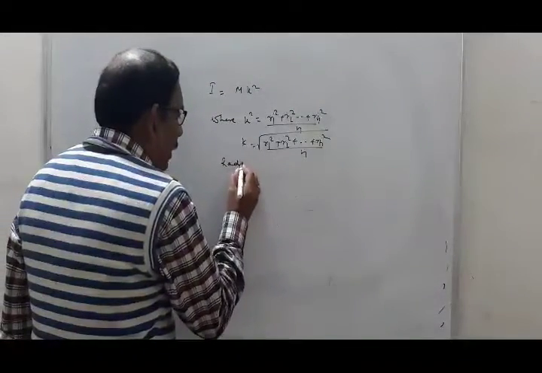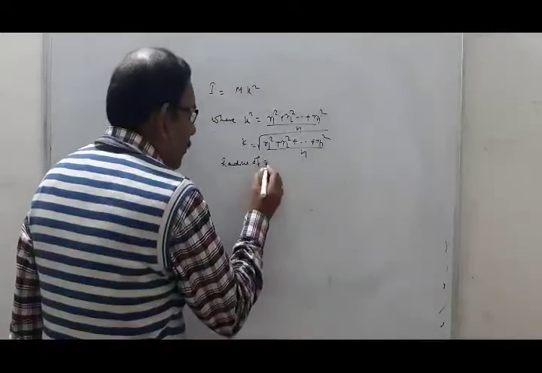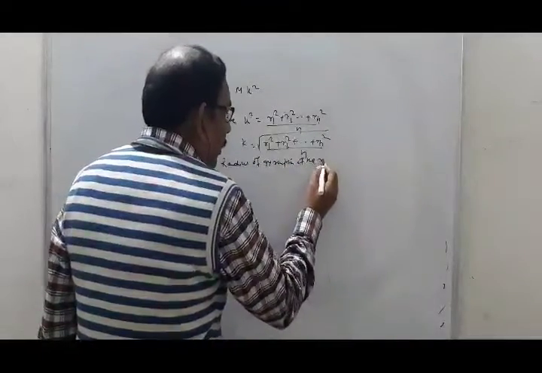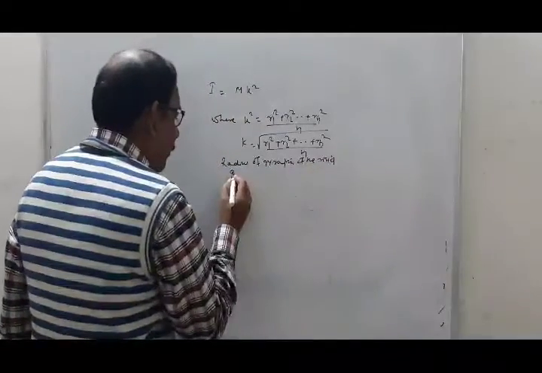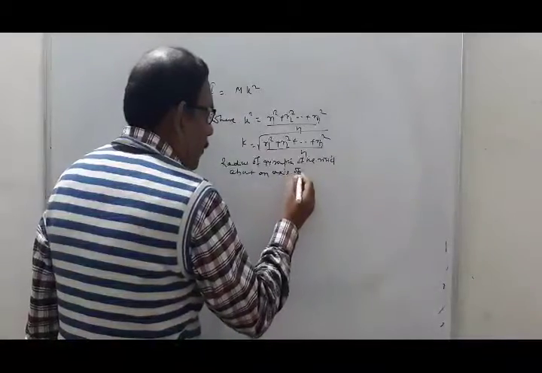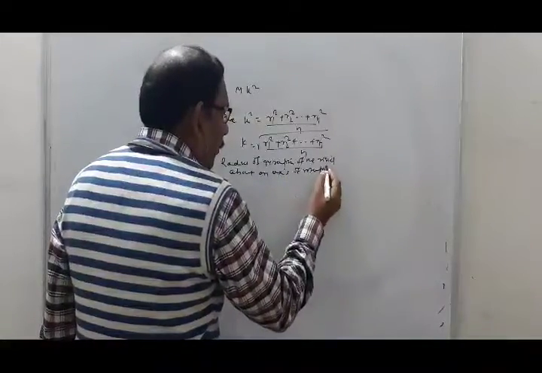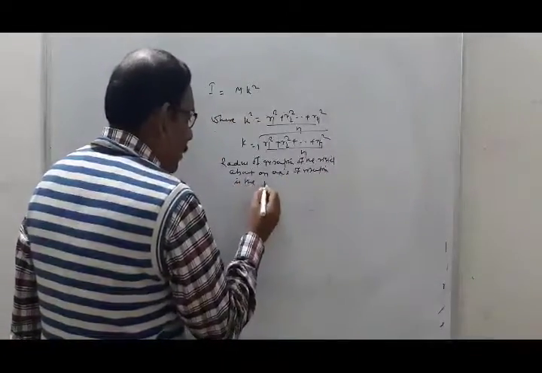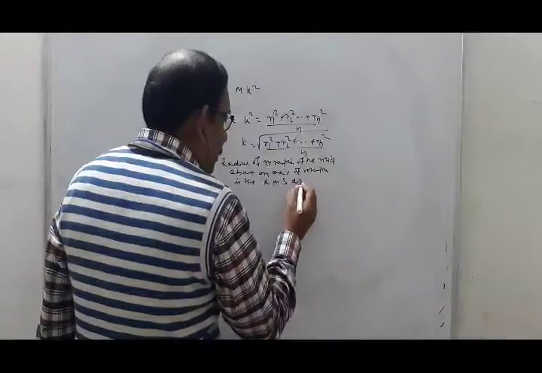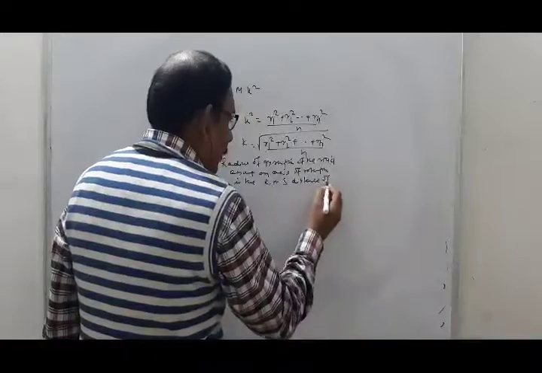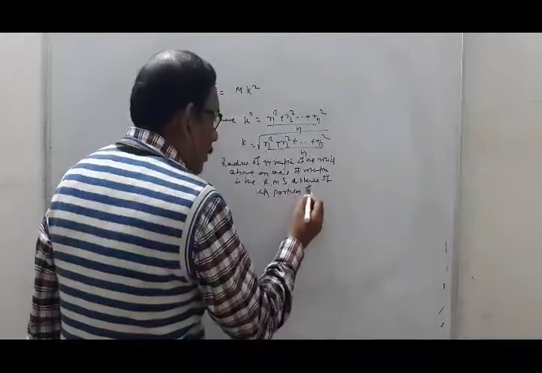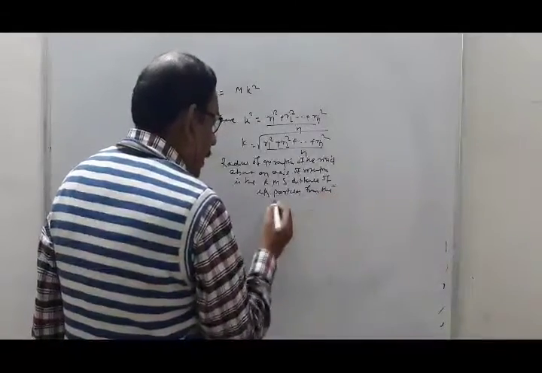The radius of gyration of the rigid body about an axis of rotation is the root mean square distance of its particles from the axis.